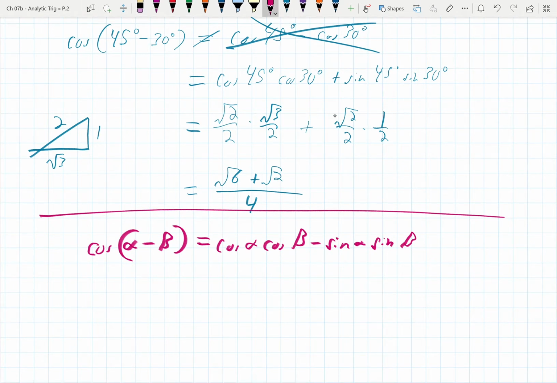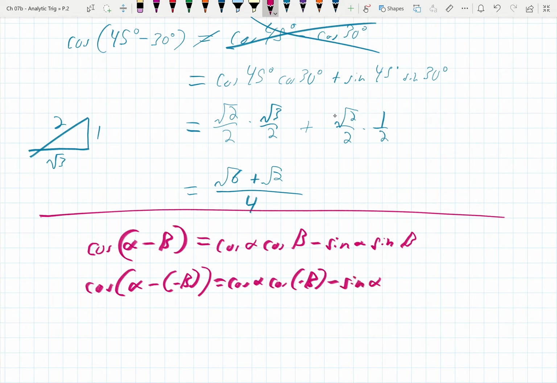Well, what if I did the cosine of alpha minus a negative beta? And I took the negative beta and plugged it in so that this would be the cosine of alpha cosine of negative beta minus the sine of alpha sine of negative beta. Yes, Nate? Isn't it plus sine of alpha? Oh, it is plus. Thank you. That's plus. Good catch.